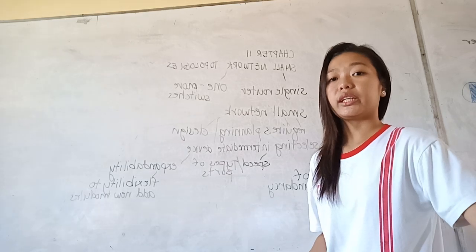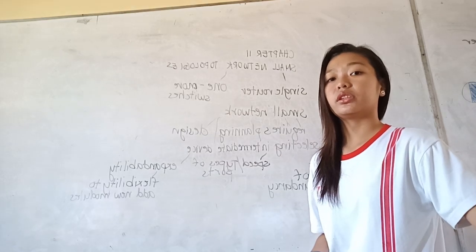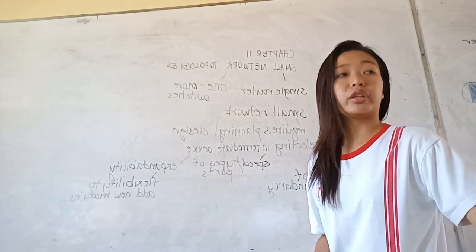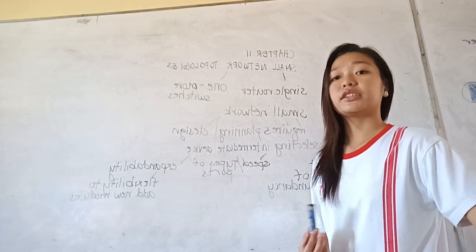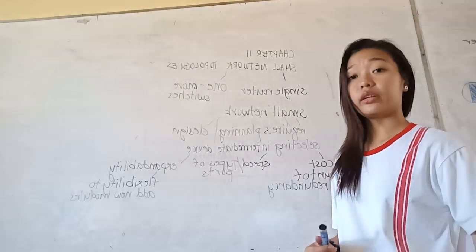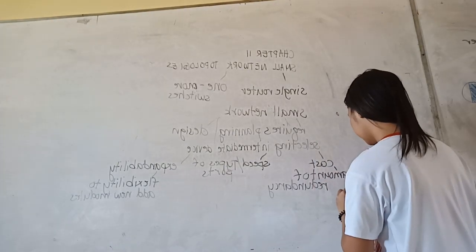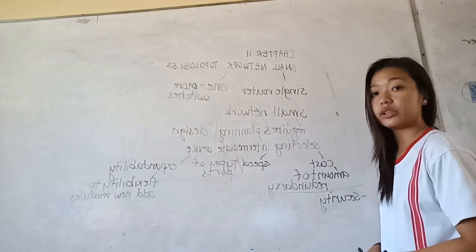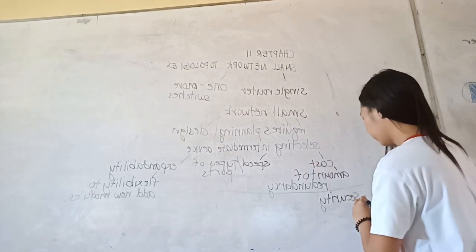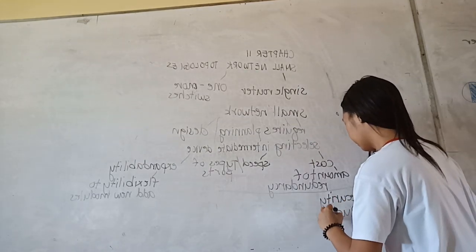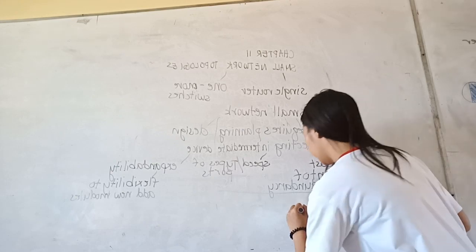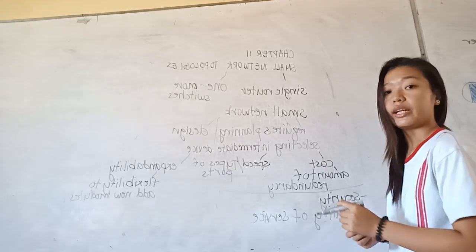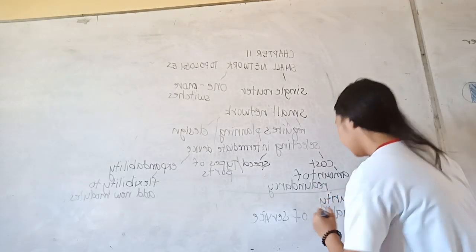Operating system features and services. Depending on the version of the OS, a network device can support certain features and services such as, first, security, then quality of service. Next, voice over IP.